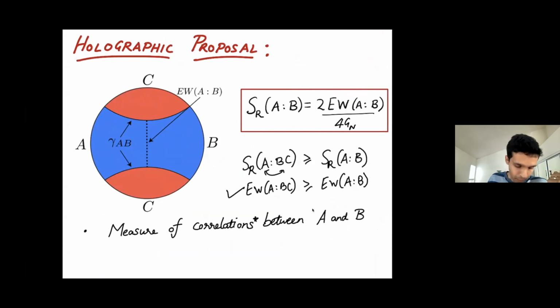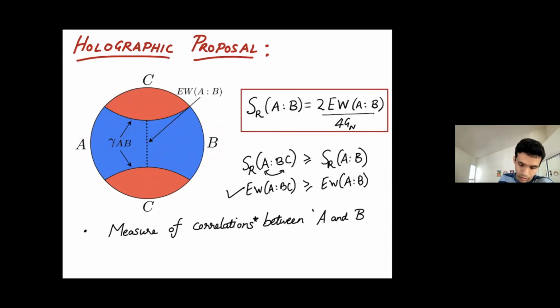So the reason we care about this reflected entropy is that it was proposed to have a nice holographic dual, which is the following. We consider the entanglement wedge of, say, two intervals in AdS, A and B. If these intervals are taken to be large enough, then we'll find that the entanglement wedge is this connected region, this blue shaded region.